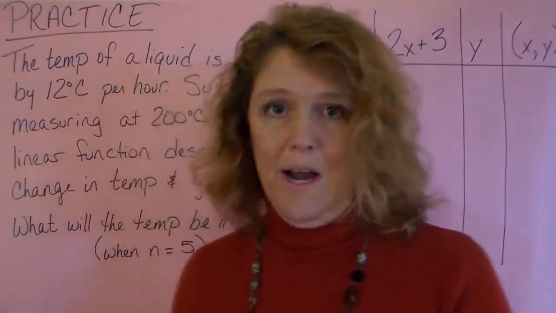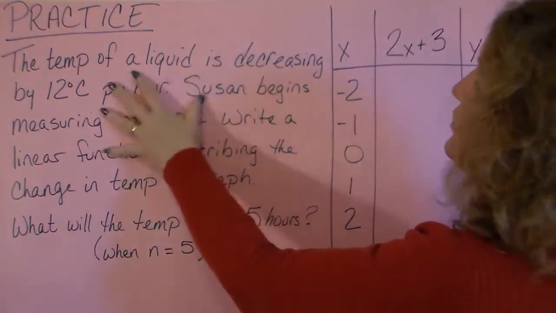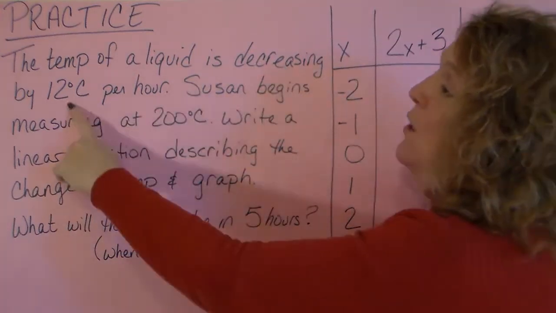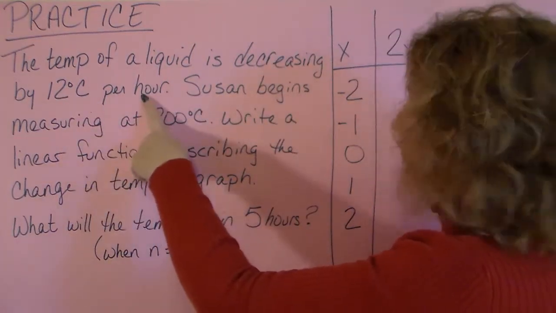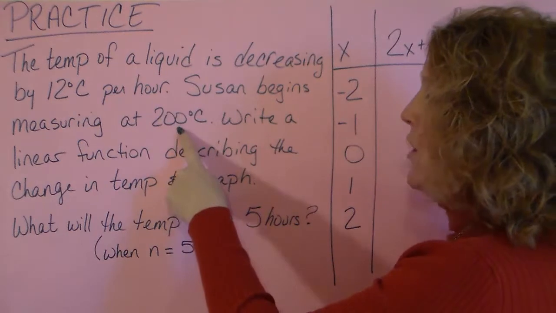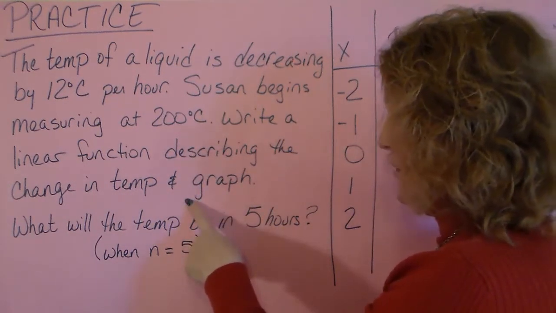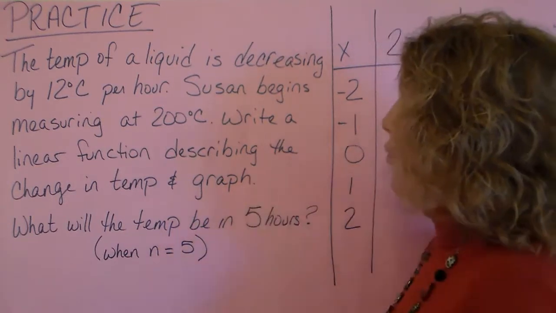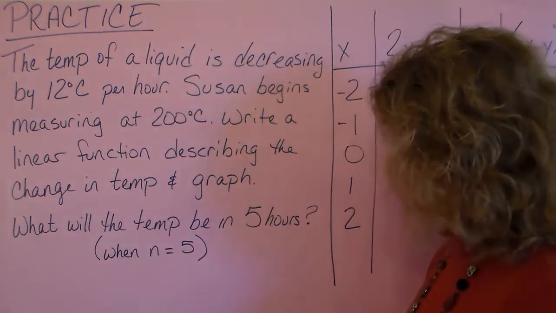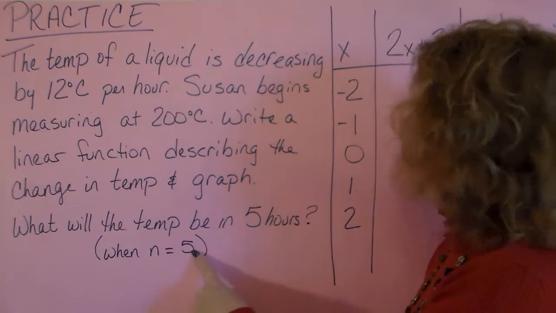So, here's your practice. The temperature of a liquid is decreasing by 12 degrees Celsius per hour. Susan begins measuring at 200 degrees Celsius. Write a linear function describing the change in temperature and graph. What will the temperature be in 5 hours when n equals 5?